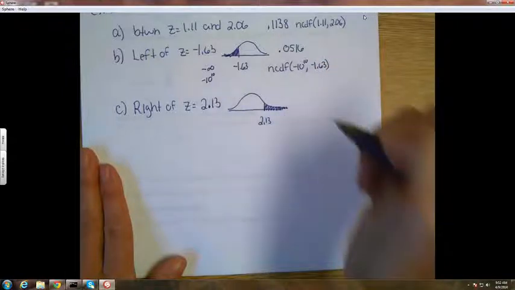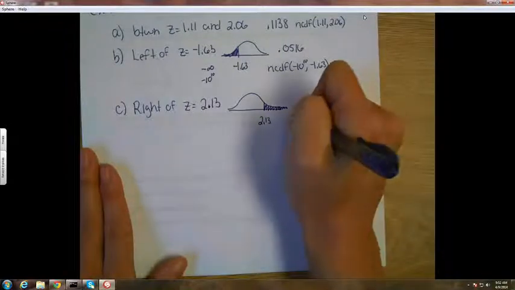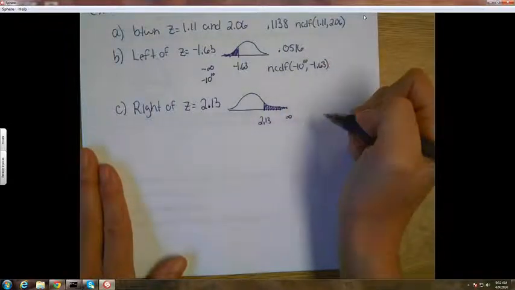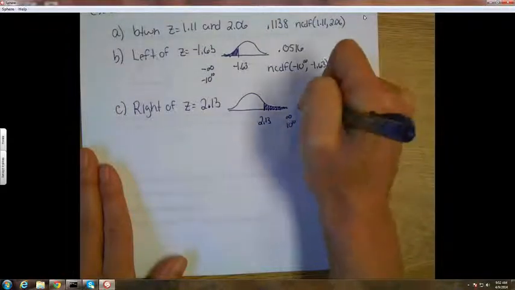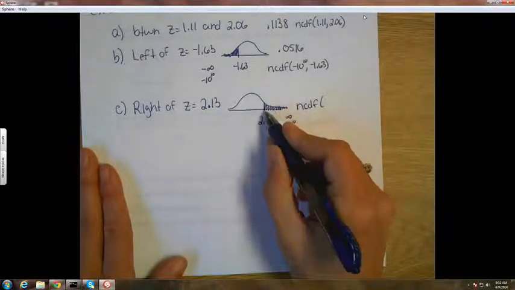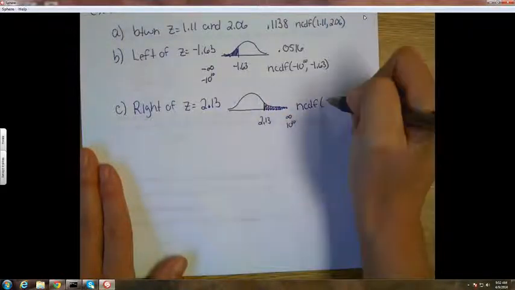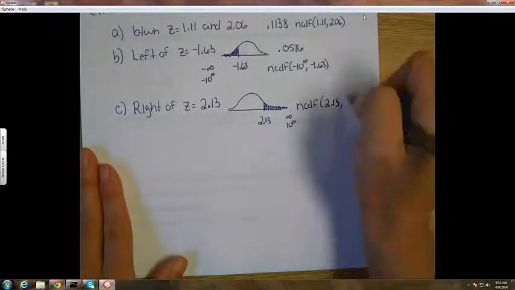How far does that shaded region go? Infinity. What do you think we're going to approximate infinity with? Positive 10 to the 10th. So use your NCDF. Your left edge of your shaded region is starting at the 2.13, and it goes all the way out to the right to 10 to the 10th.